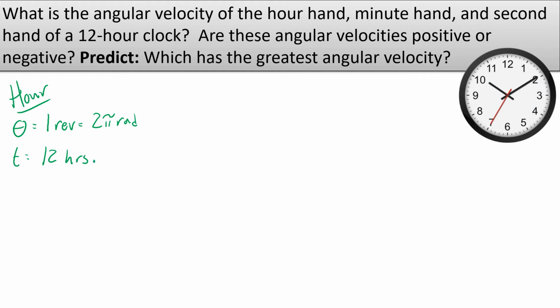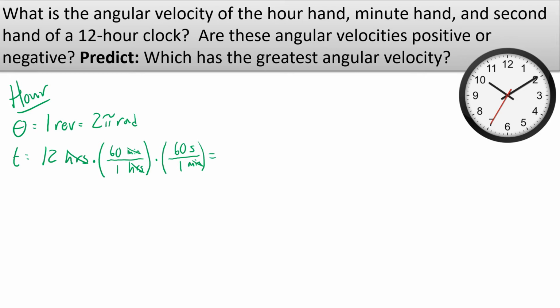So 12 hours. Don't forget, this is the dimensional analysis thing. So hours, and then you could go into minutes. So there are 60 minutes in 1 hour. And then the hours are going to cancel. The minutes should be on the opposite side, so they cancel. So seconds here, 60 seconds in 1 minute.